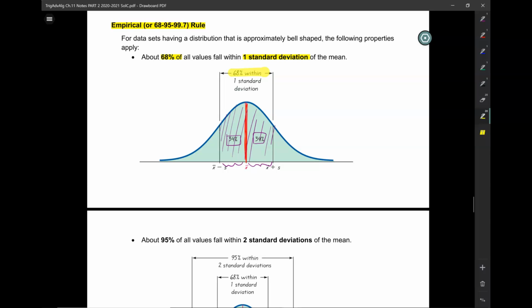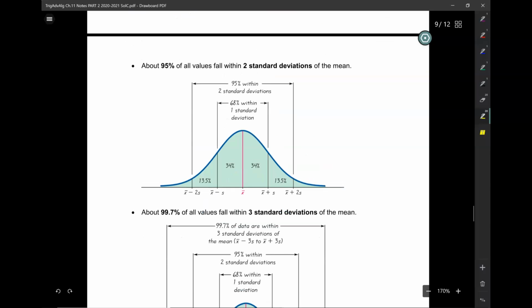Now, if I go 2 standard deviations away, here is my first standard deviation, and now if I go 2 standard deviations away, that is 95% of the data. Look at how it works. These two were 34, 34, 68. Now if you expand, it's 95%. So how much was added? 27%.